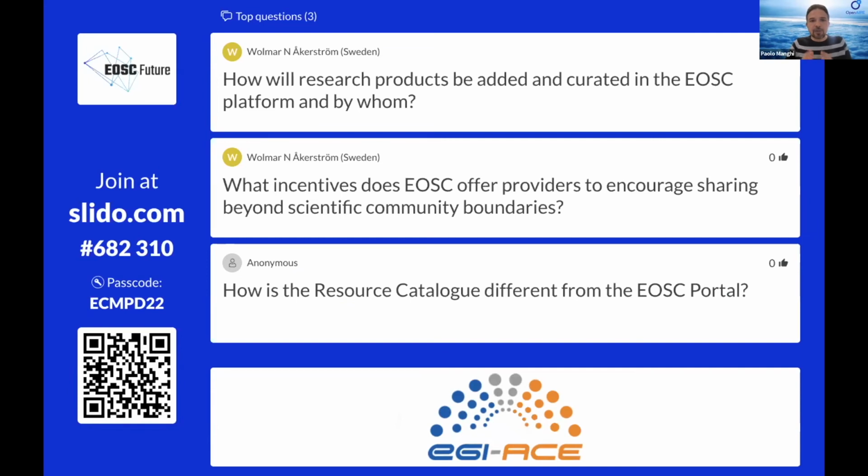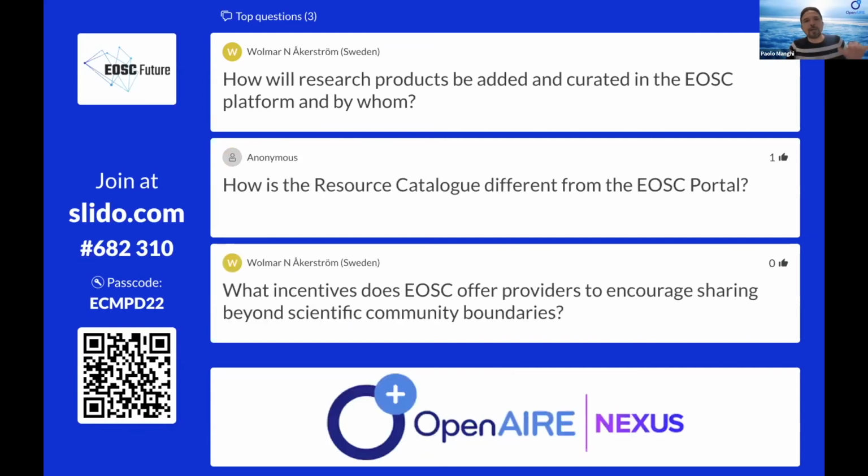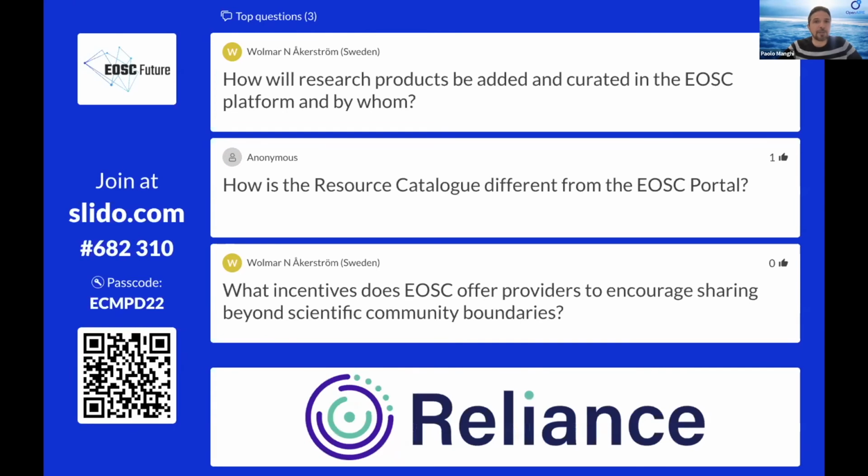But in this case, we're sharing the metadata. So we know what the research product is about and where it is hosted. And we provide all the tooling that is necessary to reach out to the original data source and collect the product. In that sense, data curation is the responsibility of the data source. It's not the responsibility of the EOSC.